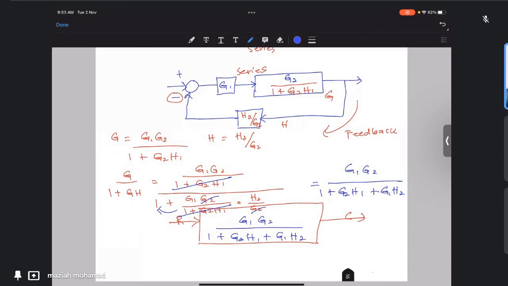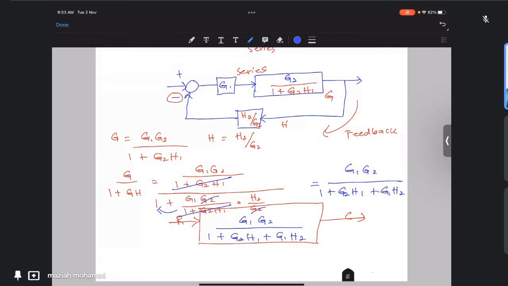I hope you will be able to see the steps in order to get the final transfer function using the block diagram simplification method. Just determine whether it's series, parallel forward or parallel feedback, and then check whether there is any summation point or pick-off point that you need to move.